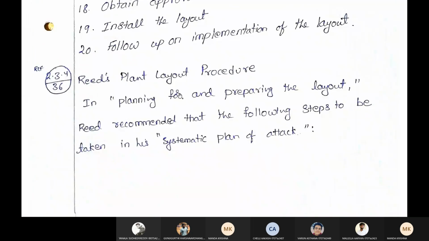Next is the Muther's plan layout procedure. In planning for and preparing for the layout, we recommend the following steps to be taken in a systematic plan of attack. That is, for making the plant for production activity or any other purpose, we have to follow these steps according to the data.